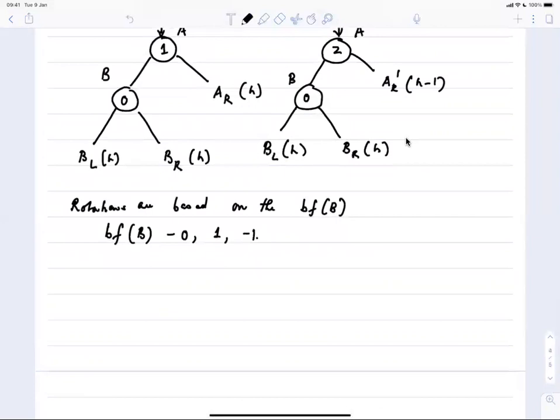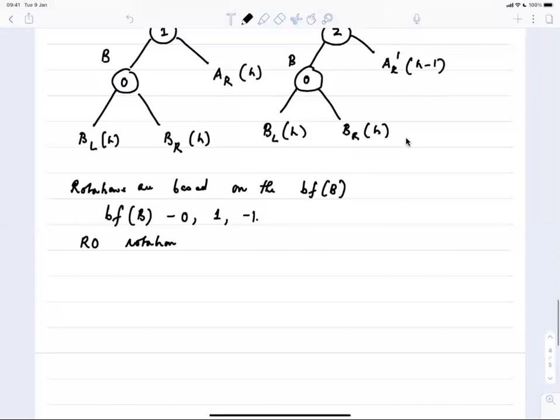Then we perform what is called an R0 rotation, and B is moved to the root.